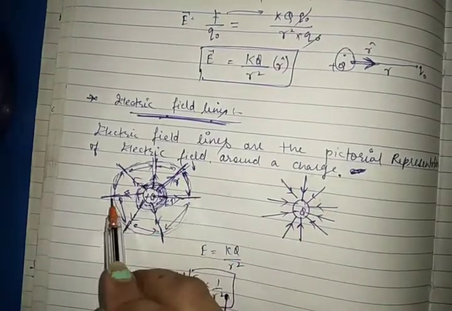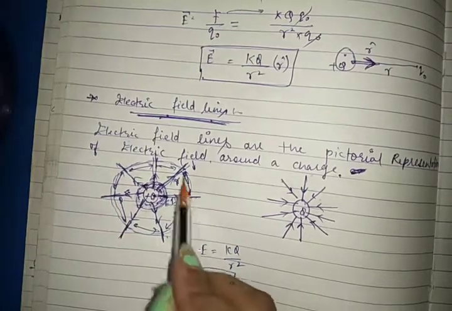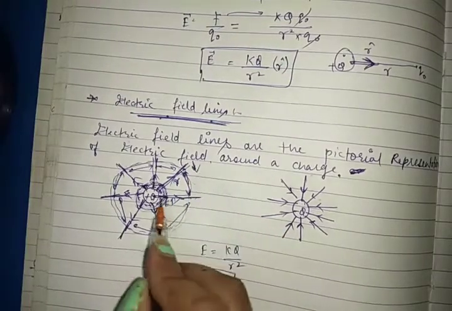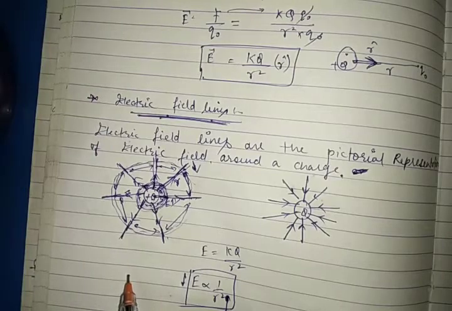So as the lines indicate, when the electric field lines are away from each other, the electric field intensity is weaker, and when the lines are closer to each other, electric field intensity is stronger.